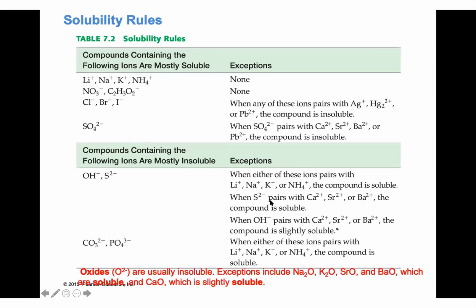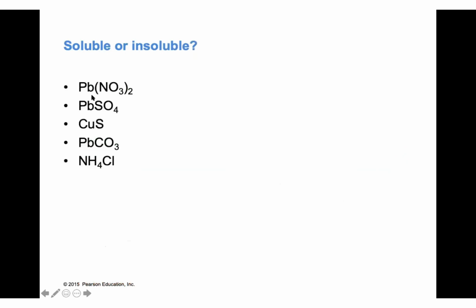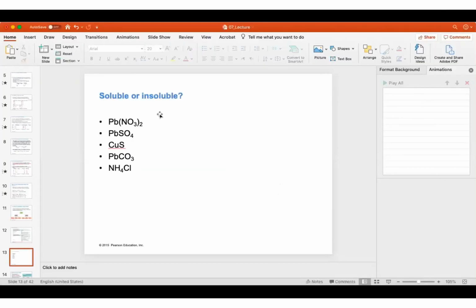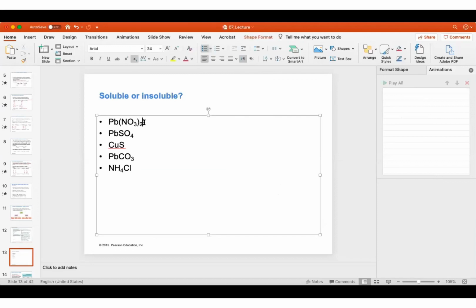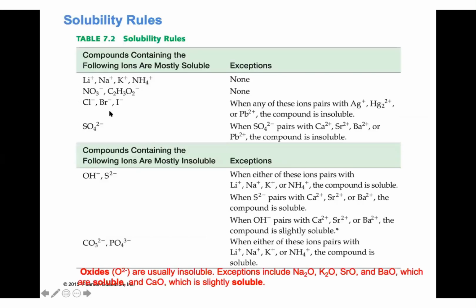I'm going to provide this table in the exam for now. So all the nitrates are soluble, so this is going to be aqueous. I'm going to put AQ next to it.